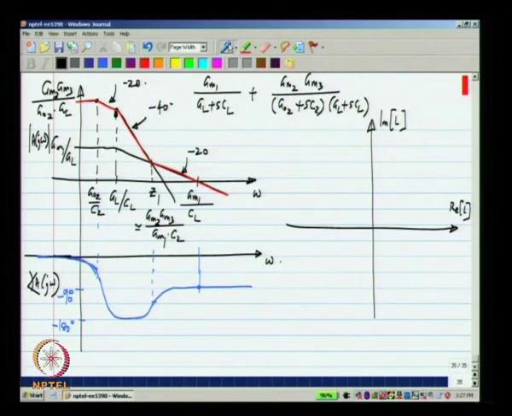So, in this particular case, what happens? First of all, at very low frequencies, the loop gain magnitude is very large and the phase shift is 0. So, we start from some point here, which I will mark as point 1.